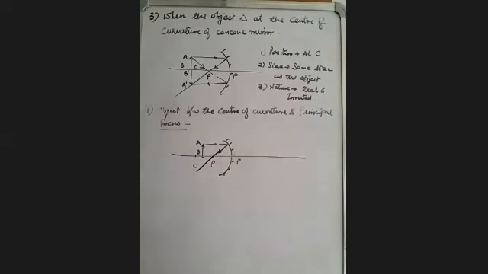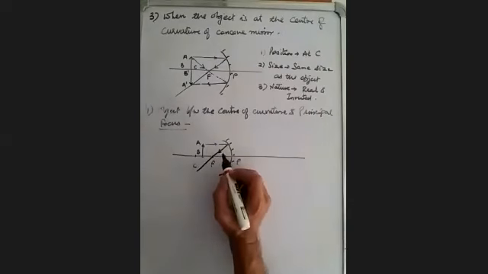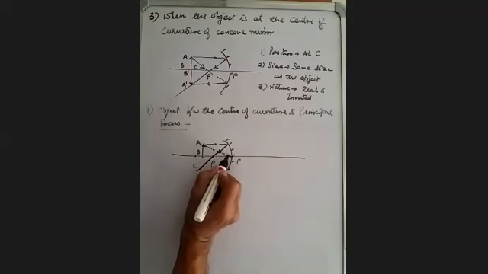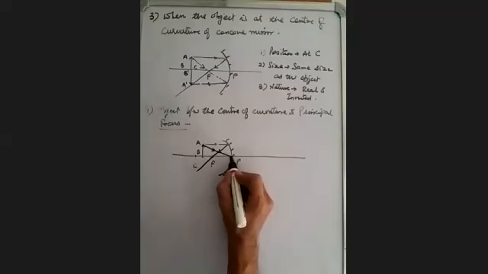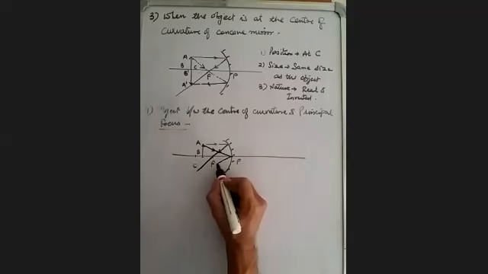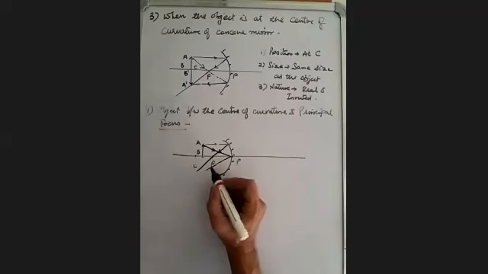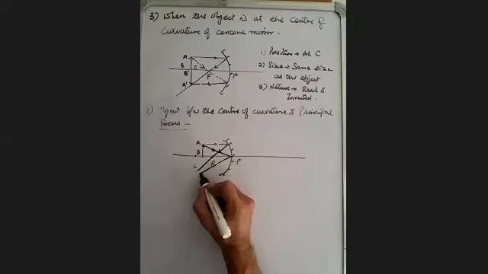Okay. Now we can consider one more ray. We can consider a ray which is oblique, making some angle with the principal axis and incident at the pole. So this is the incident ray, and we know that it will be reflected making an equal angle to the angle of incidence.